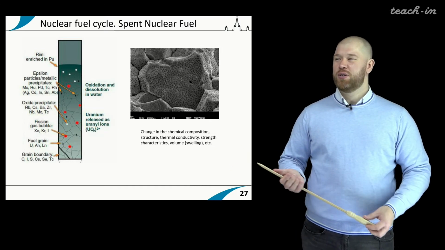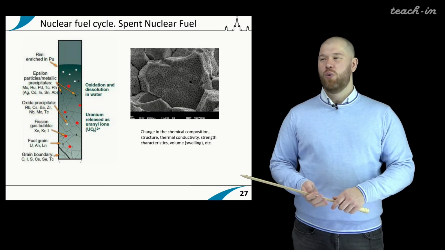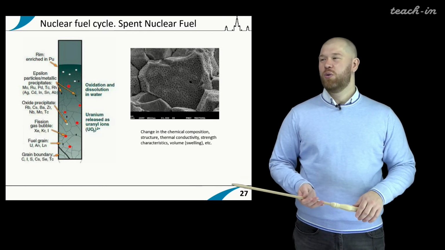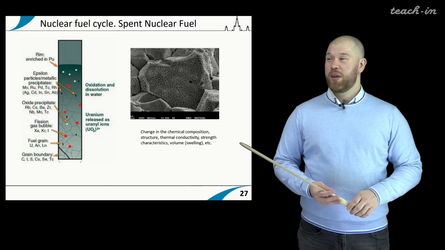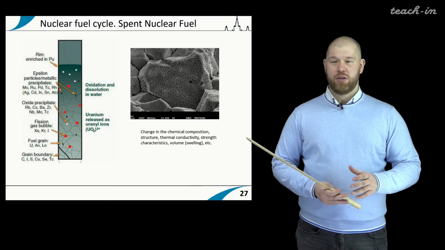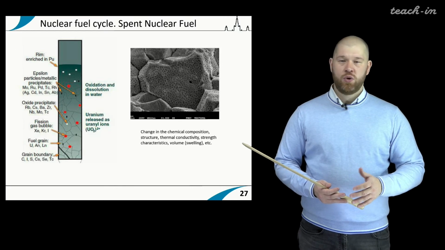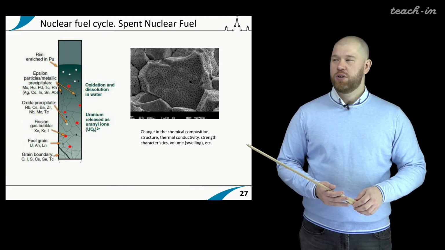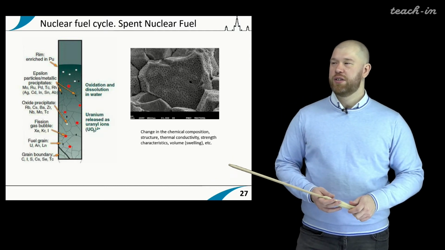Initially in fuel there is only uranium and oxygen, or maybe uranium, plutonium, and oxygen, and no other elements. But due to the fission of uranium and plutonium, plenty of new elements are produced. Half of the periodic table is produced inside the fuel.